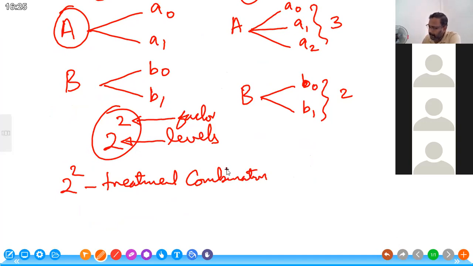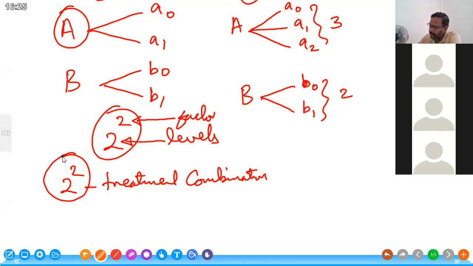What is 2 to the power 2? The answer is 4. There are 4 treatment combinations.